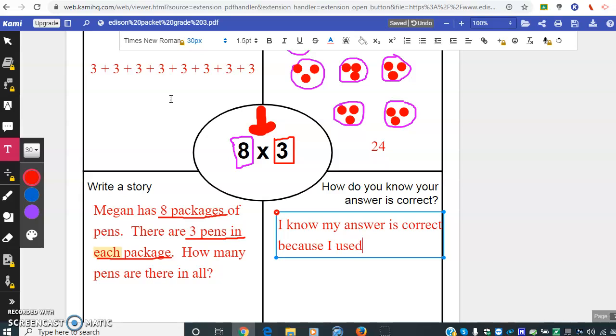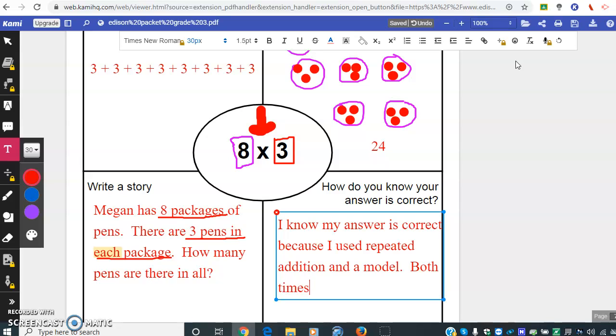I used repeated addition. Over here, I drew a model, and a model, period. Both times I got 24 as the answer.